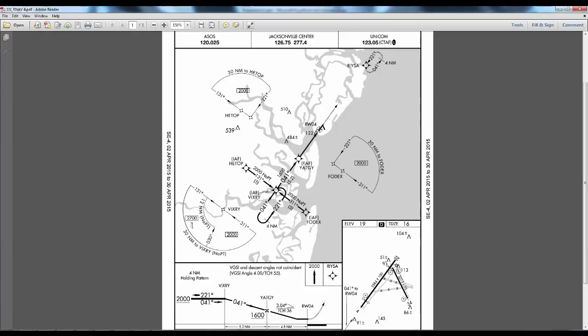Once we're within 30 nautical miles of VIXRI, we can fly direct HETOP and descend down to 2,700. And then once we're within 12 nautical miles of VIXRI, even though we're flying to HETOP, we can descend down to 2,000. And then we'd fly HETOP, VIXRI, runway. That's essentially how that goes.